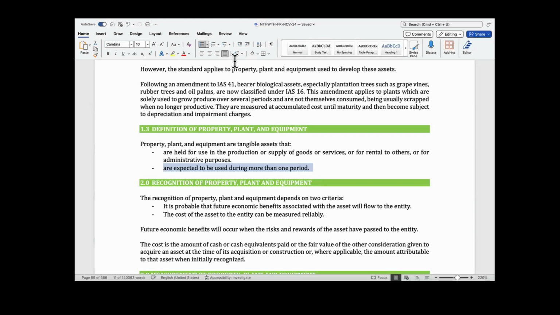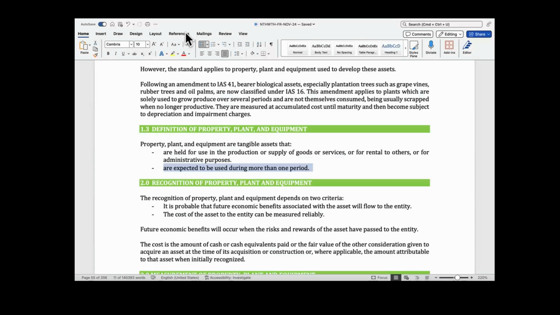And very importantly, they are expected to be used during more than one period. There are numerous examples you can have. The popular ones would be motor vehicles, plant and machinery, furniture and fittings, air conditioners, computer equipment, delivery van, numerous. Okay, so that's the definition of PPE.